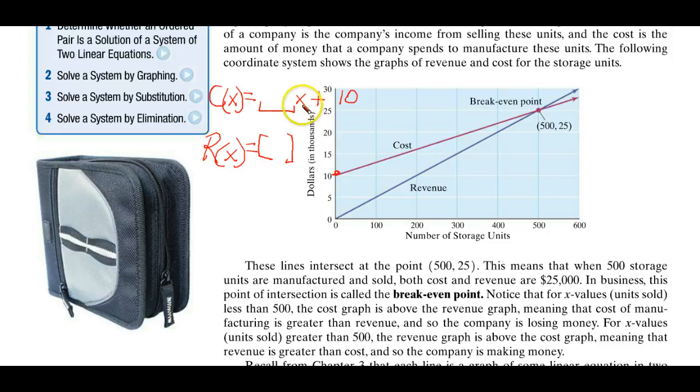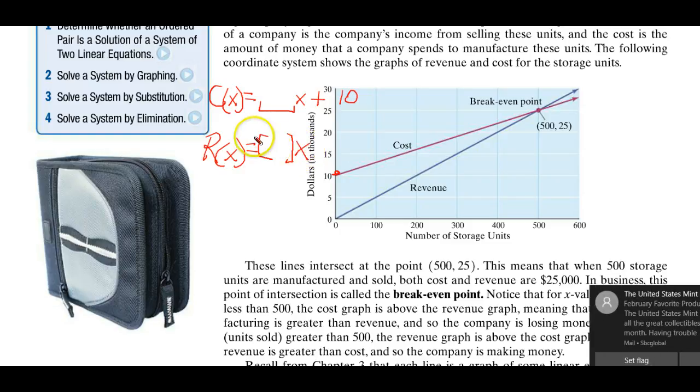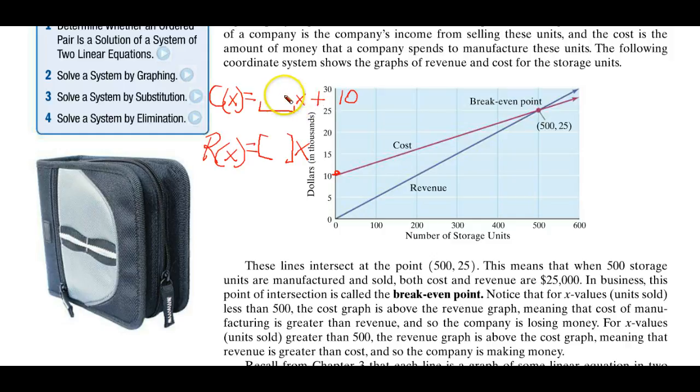And then if we multiply it by the number of items that we sold, this is money that we're going to take in. This is money that it's going to cost to make an individual item, plus some other kind of expense. So we are finding that as we plot these, they intersect right at this point. So what does that mean?